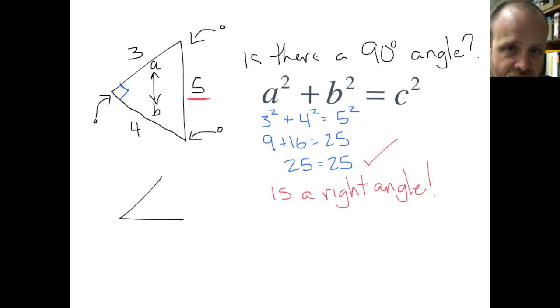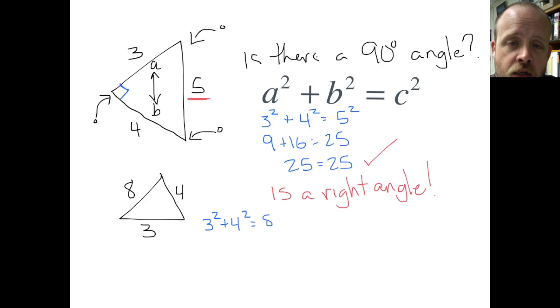Let's take another example. This triangle says our sides are 3, 4, and 8. We can apply the same process to determine whether or not there is a 90-degree angle somewhere in this triangle. In this case, we get 3 squared plus 4 squared equals 8 squared, which means that we end up with 25 equals 64.